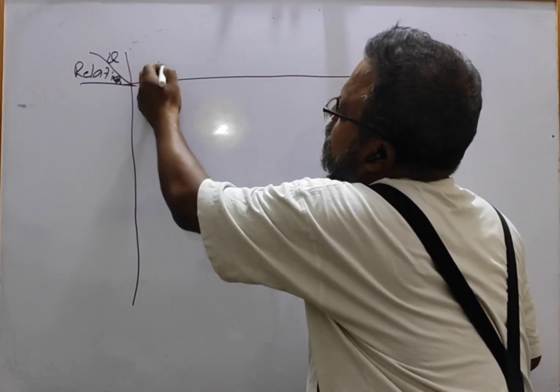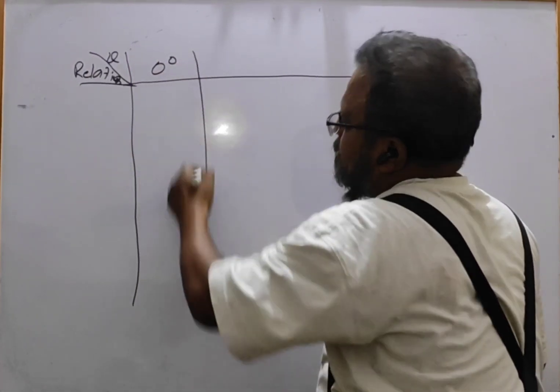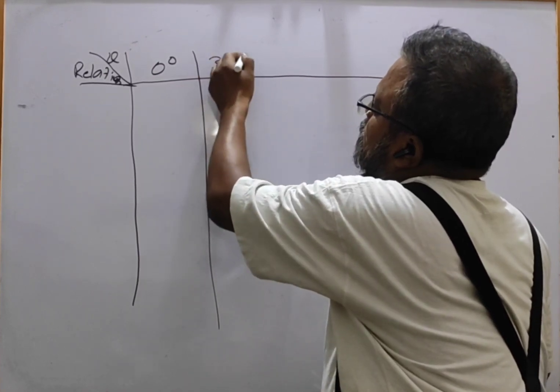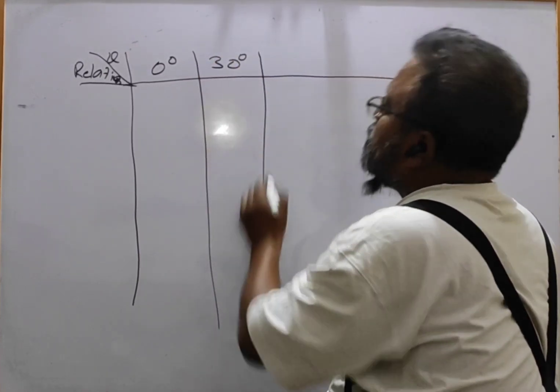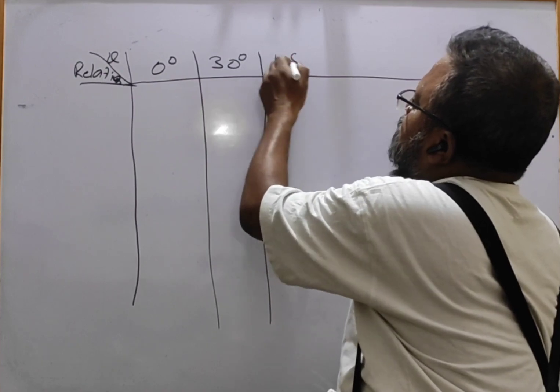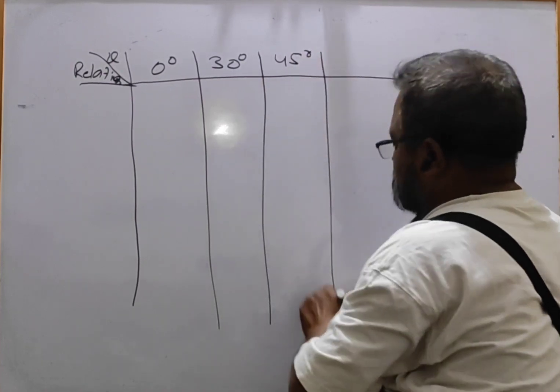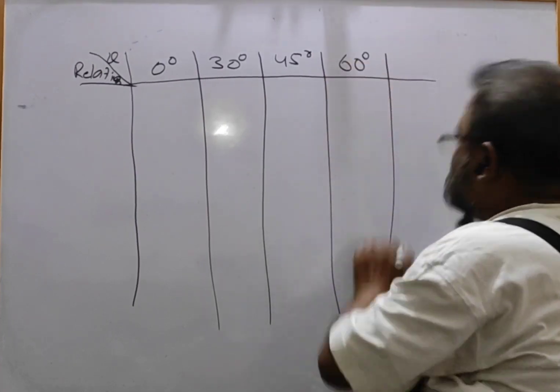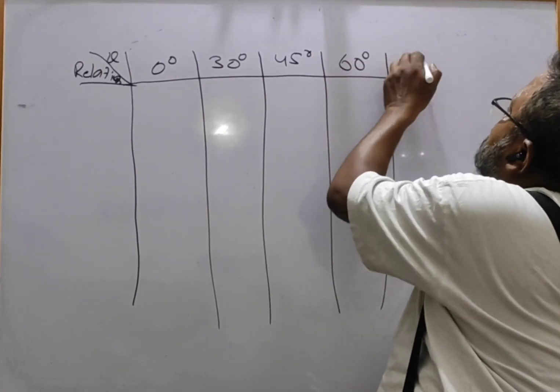So 0 degree, 30 degree, 45 degree, 60 degree, 90 degree.